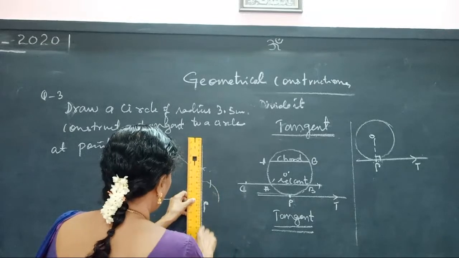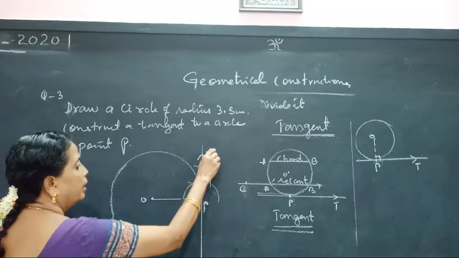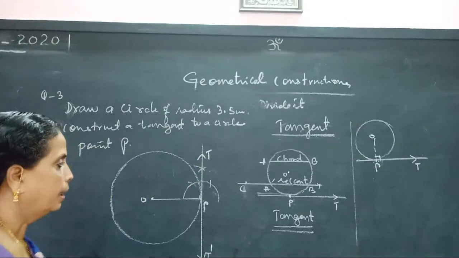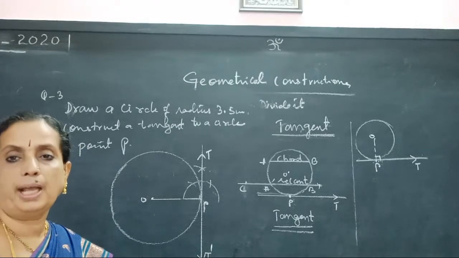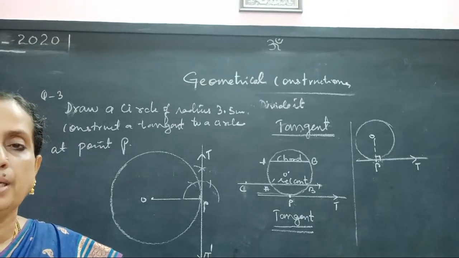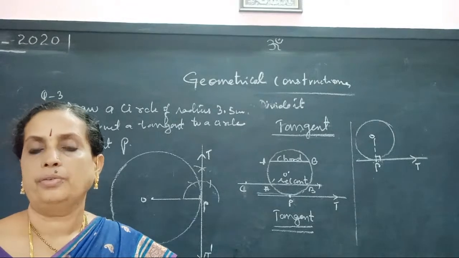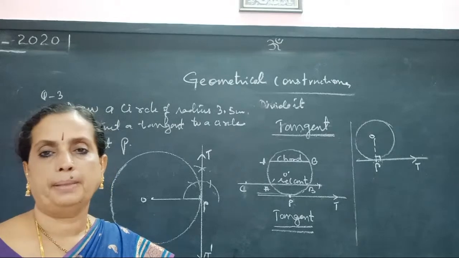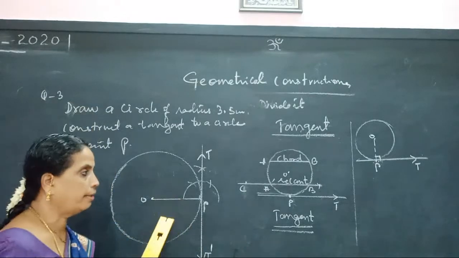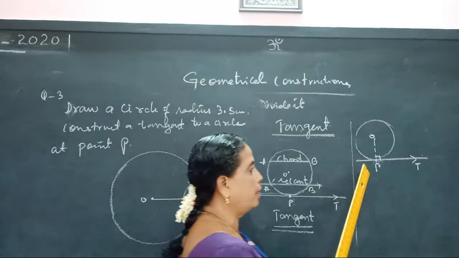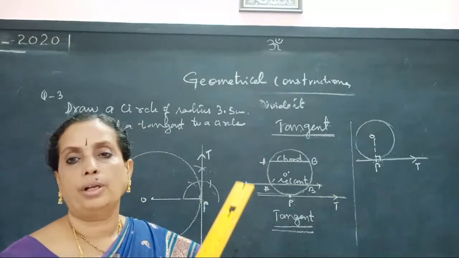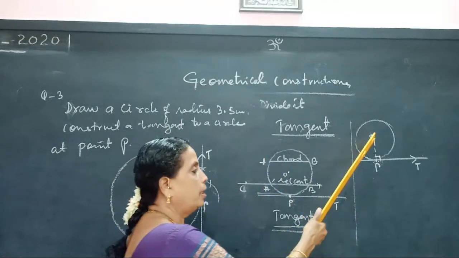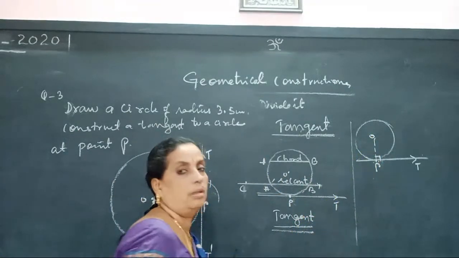like this. T dash T is the required tangent to the circle with center O at the point P. We constructed this based on this property: the tangent drawn at the point of contact is perpendicular to the radius drawn.